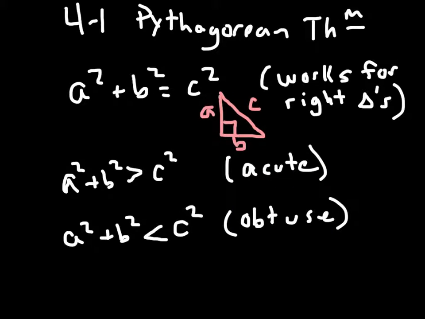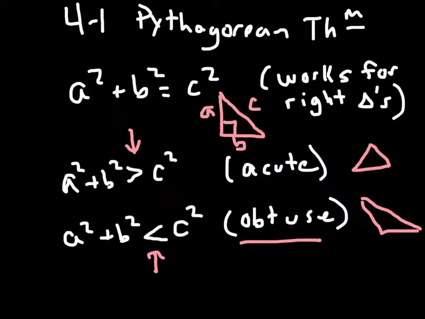If it's greater than, then you form an acute triangle, which would look like that. If it's less than, then you're going to have an obtuse angle in that triangle, and it'll look like that. It's weird because obtuse means big, larger than 90, but then the sign is less than. So it's kind of backwards of the way you'd think about it.